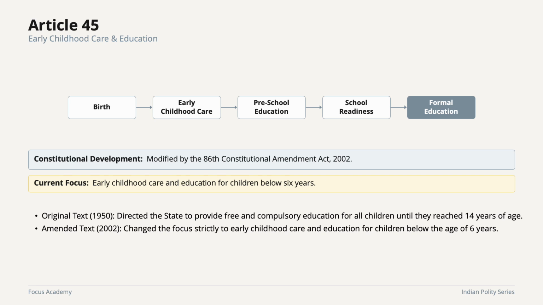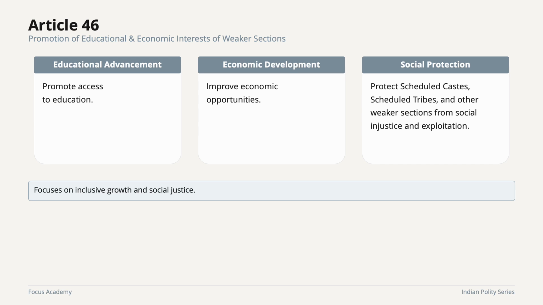So that's Article 45. Now Article 46, we have the promotion of educational and economic interests of weaker sections. Weaker sections means we have the SC, we have the ST, and the OBC below the creamy layer that we talked about.